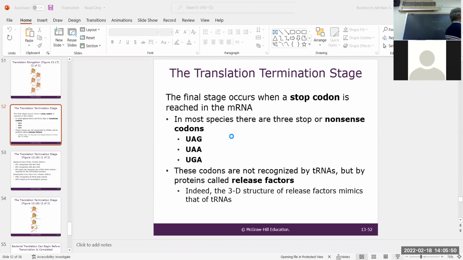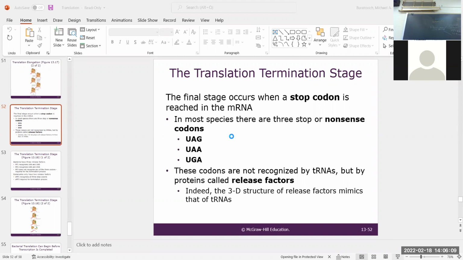All right, so here are your stop codons. They're recognized by release factors. Release factors, at least their 3D structure, mimic tRNAs. The bacteria have three, RF1, 2, and 3.